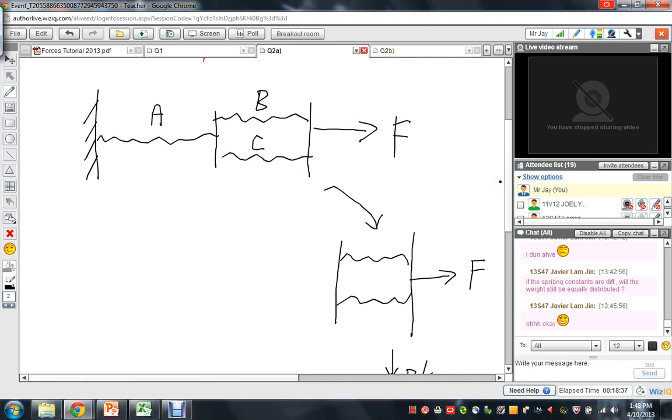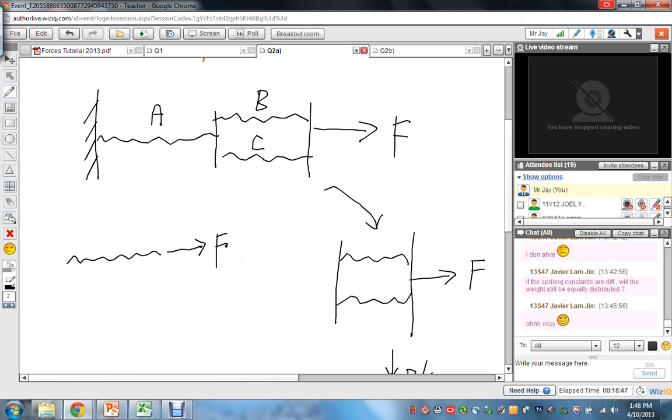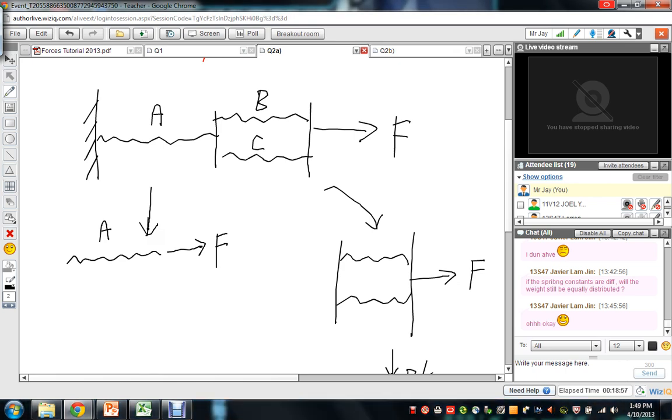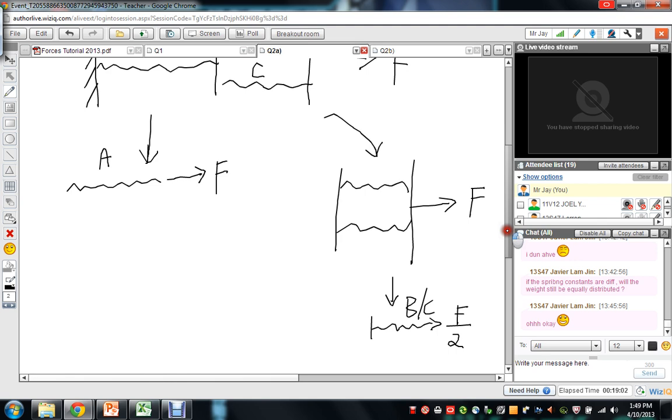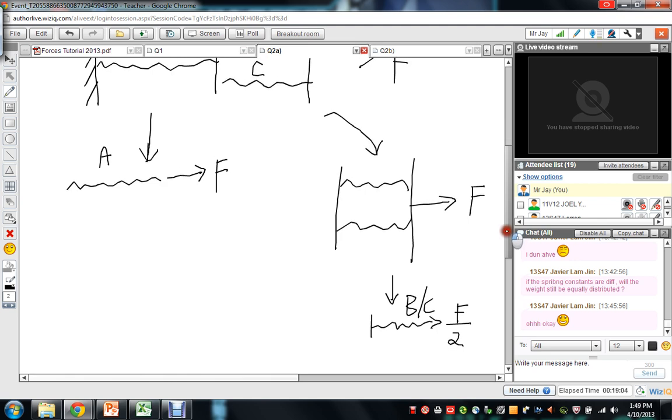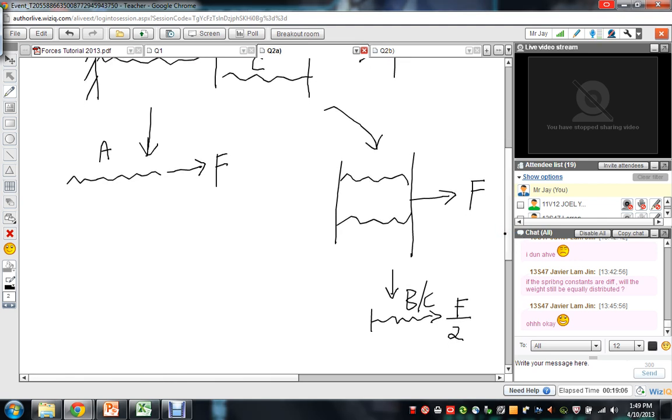So for B and C, the force is F over 2. For A, however, the force is just F. Now, let's find the extension of each of these springs.